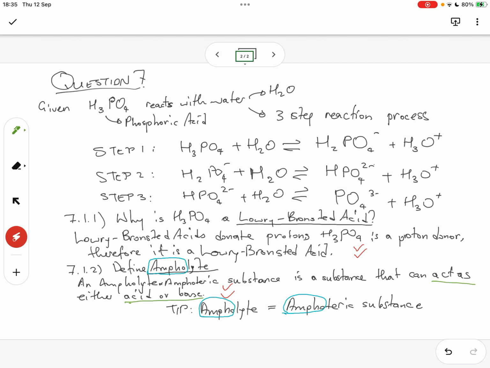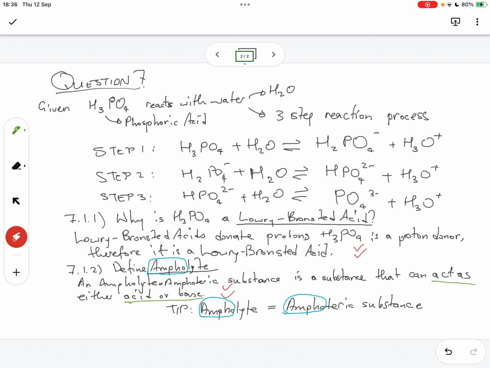But the important thing is ampholyte is a bit outdated. So amphoteric substance is what's usually used. At least that's what this learning guide is suggesting, so I'll stand to be corrected. But if there is some other source, you can still use ampholyte and it's fine.